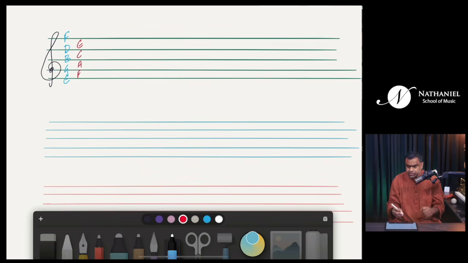I think that's absolute nonsense and misleading also, because my argument to you would be, if you were to remember the spaces as FACE, and if I bring you a note like this, it is not F, A, C, or E. This is D. And D is a very, very common note. So is C, which is on the line. So there is no value of all these fancy sentences. In fact, in my opinion, it's counterproductive.